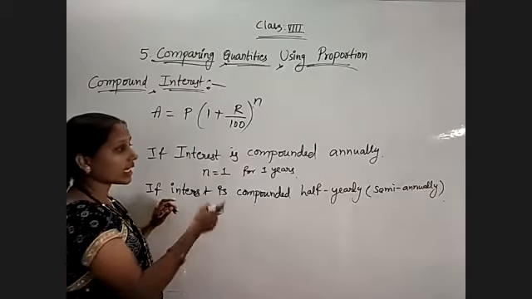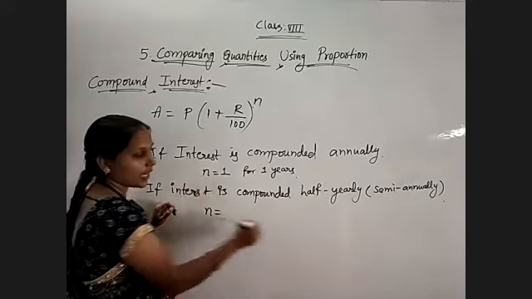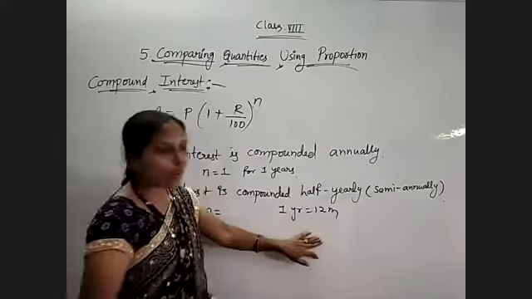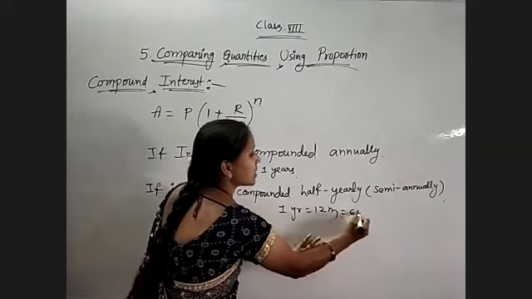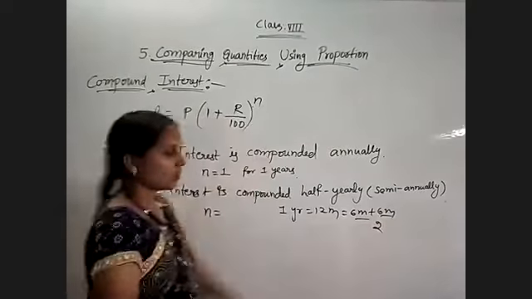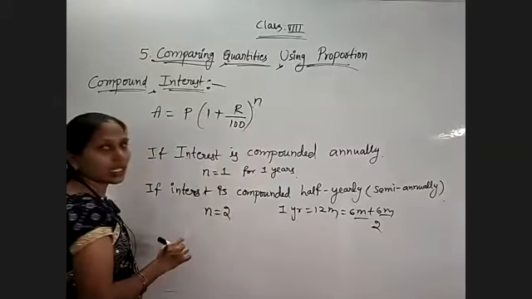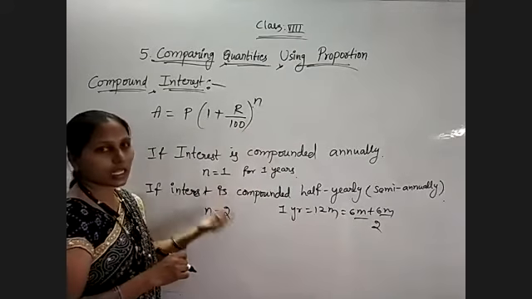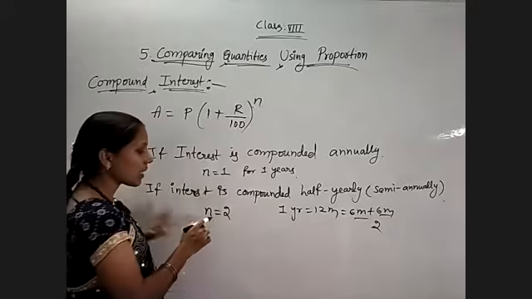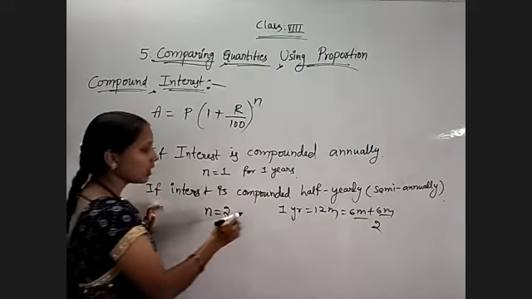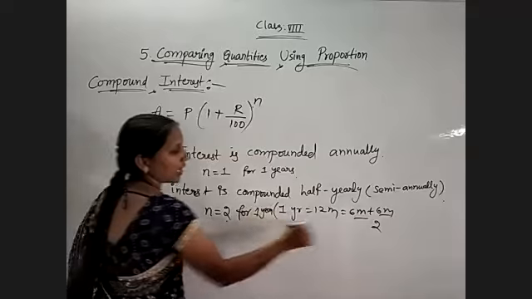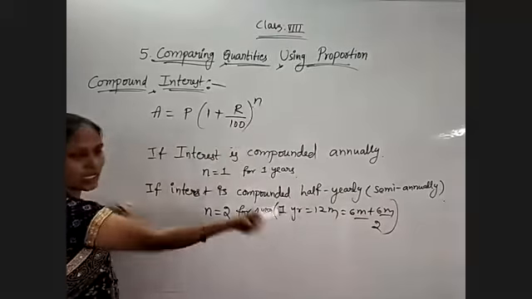One year has 12 months, so half of 12 months is 6 months plus 6 months. So we are getting 2 conversion periods. Whenever interest is compounded half yearly, the number of conversion periods is 2 for every year.